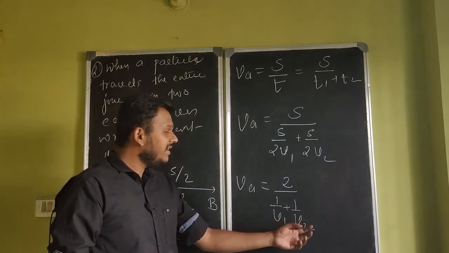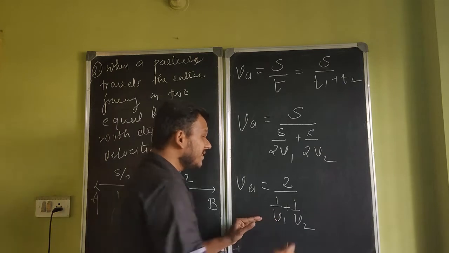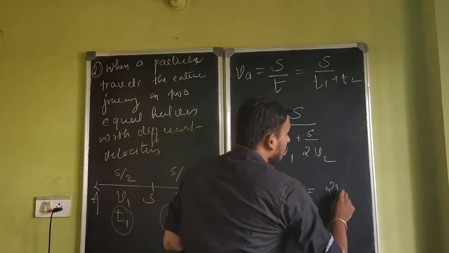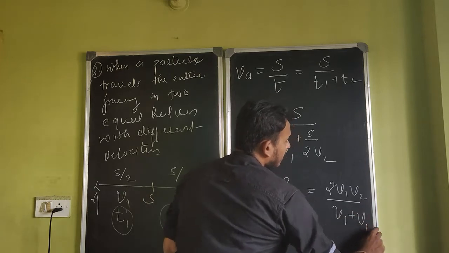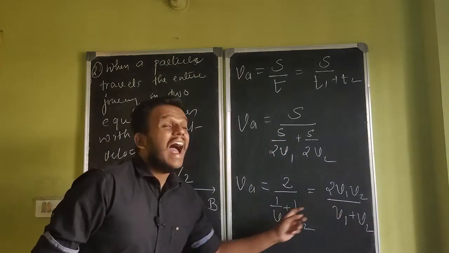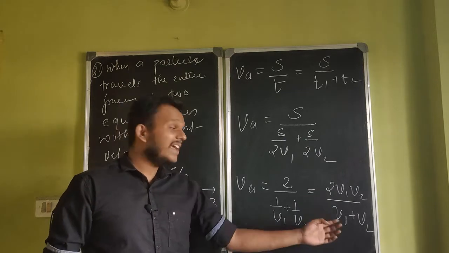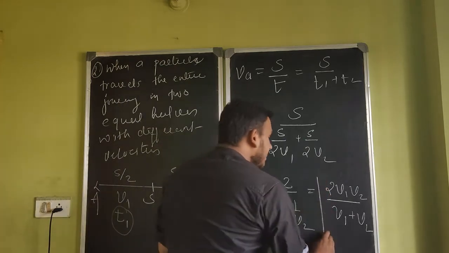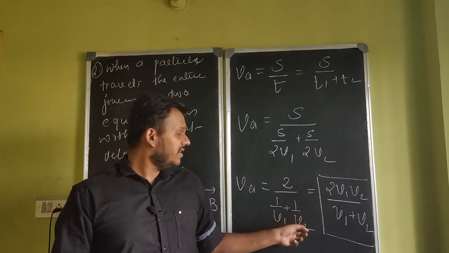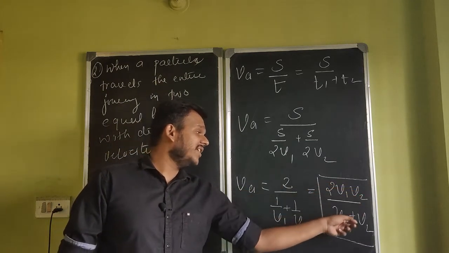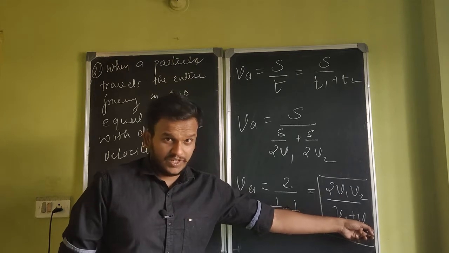Right? Take LCM, simplify this. If you simplify this, you will get your answer as 2v1 v2 divided by v1 plus v2. Take your time, get this, solve this and get this answer, okay? And trust me, I'm right in this case, that average velocity, if you simplify this, you will get 2v1 v2 divided by v1 plus v2.